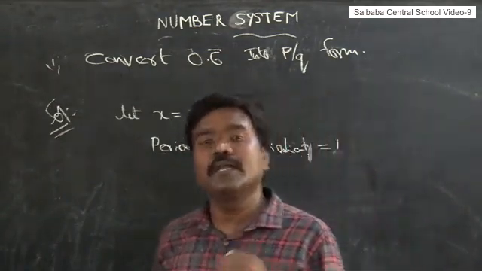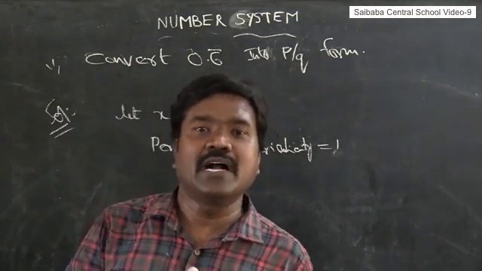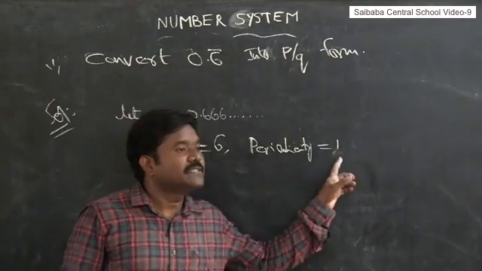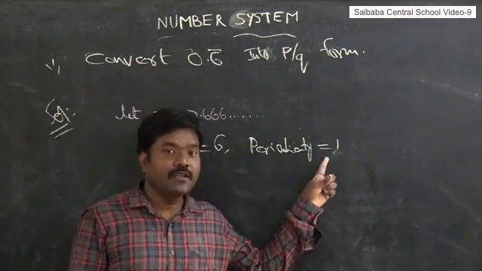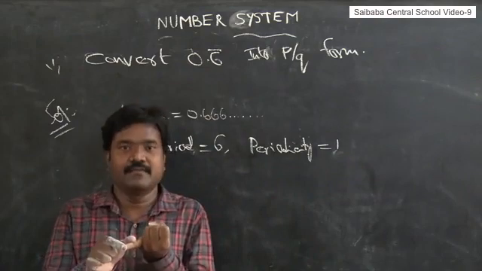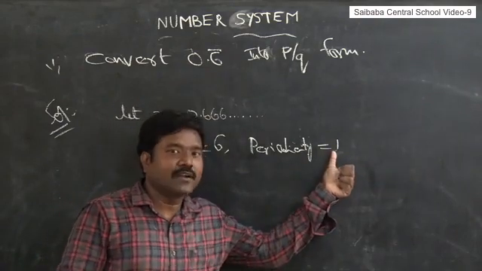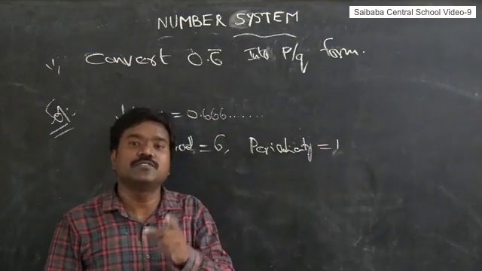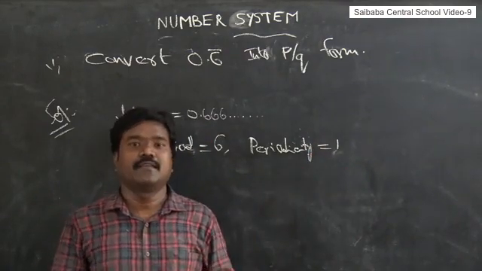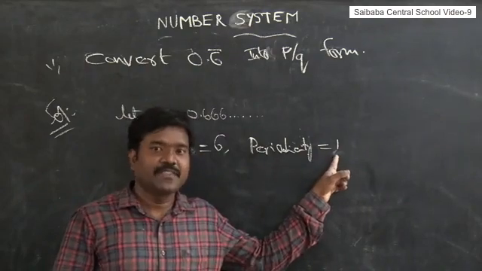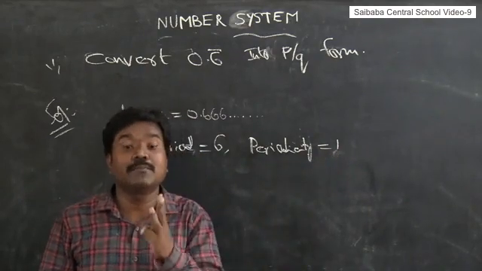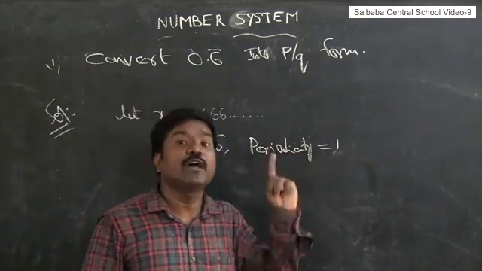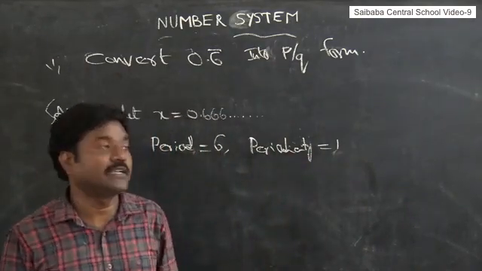Afterwards, we should multiply with a constant, and that constant value is based on periodicity. If periodicity is 1, we multiply with 10. If periodicity is 2, 1 followed by 2 zeros, multiply with 100. If periodicity is 3, multiply with 1000. If periodicity is 4, 1 followed by 4 zeros, 10,000.